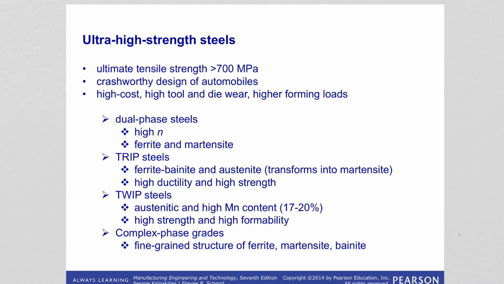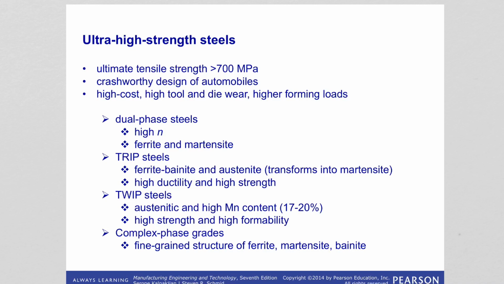Okay, and the next is complex phase grades. This one has a very fine-grained microstructure of ferrite and hard phases like martensite and bainite. Very high strengths, about 800 megapascal.